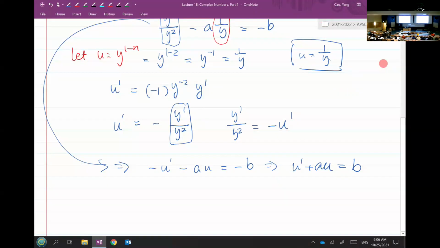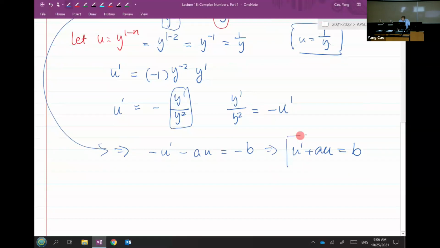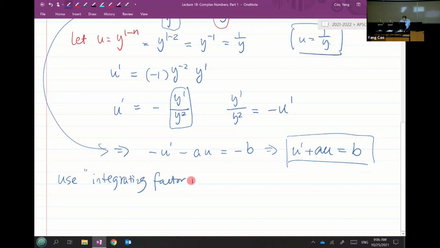Now the rest of the procedure is to solve this new differential equation using the integrating factor method, which we have already learned. I think you can practice; this is very simple. Actually, you probably don't have to use that.